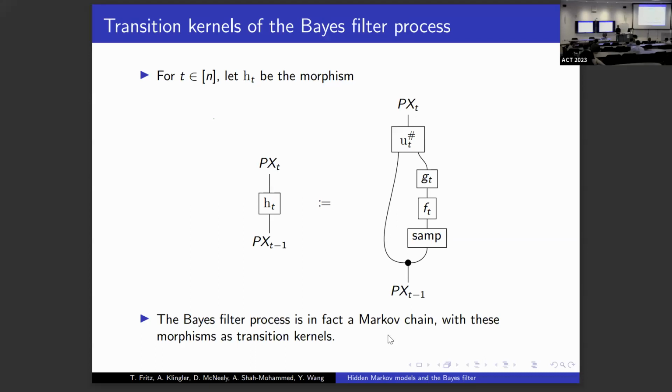Thanks for the talk. Does SAMP give you some kind of factorization system on the morphisms of the category, where I can always go from X to some probability distribution over X, which is the deterministic part, and then SAMP is the stochastic part, and I can factor any X to Y morphism that way?